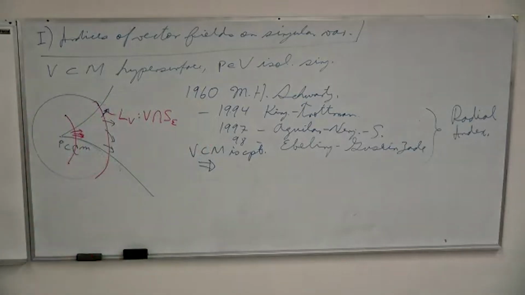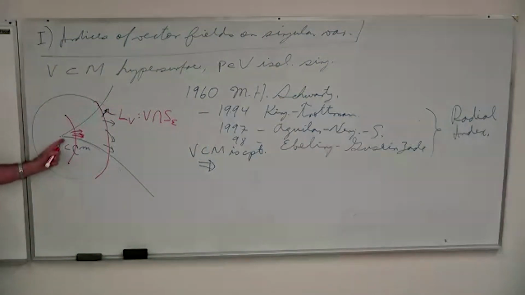If you have a vector field on V with isolated singularities, you will have singularities of the vector field at the singular points of V, and possibly some other singularities in the smooth part. So at the singular point, you take the radial index. At the smooth points, you take the usual Poincaré-Hopf index. You take the sum, and you call that the total radial index.